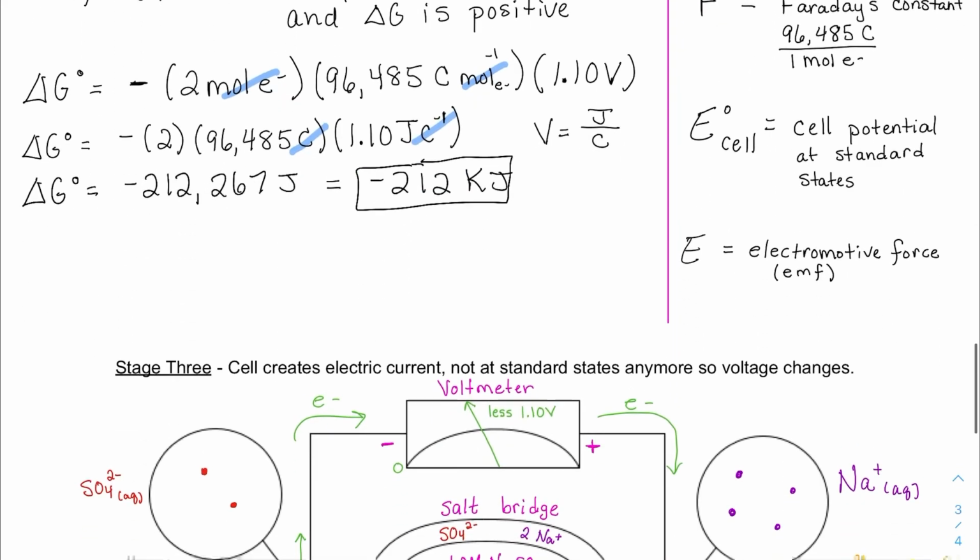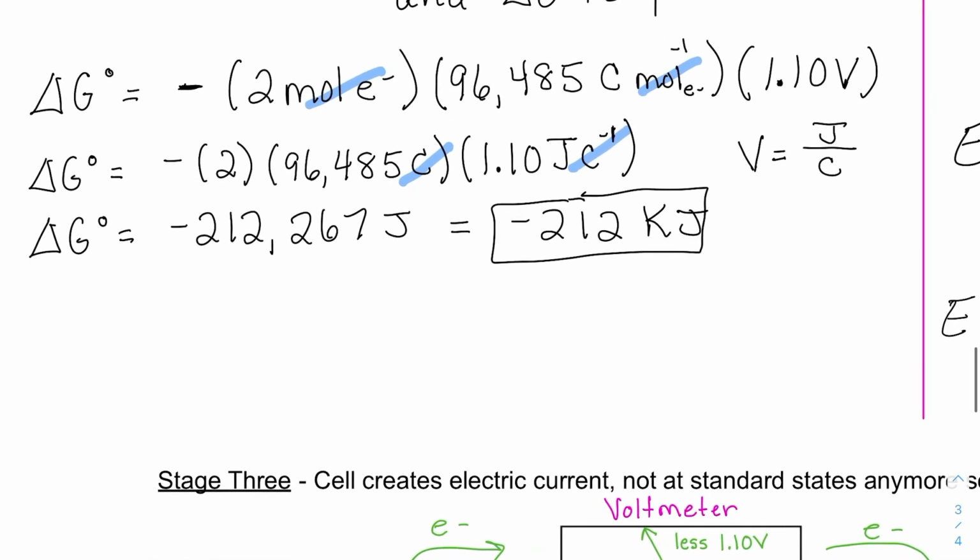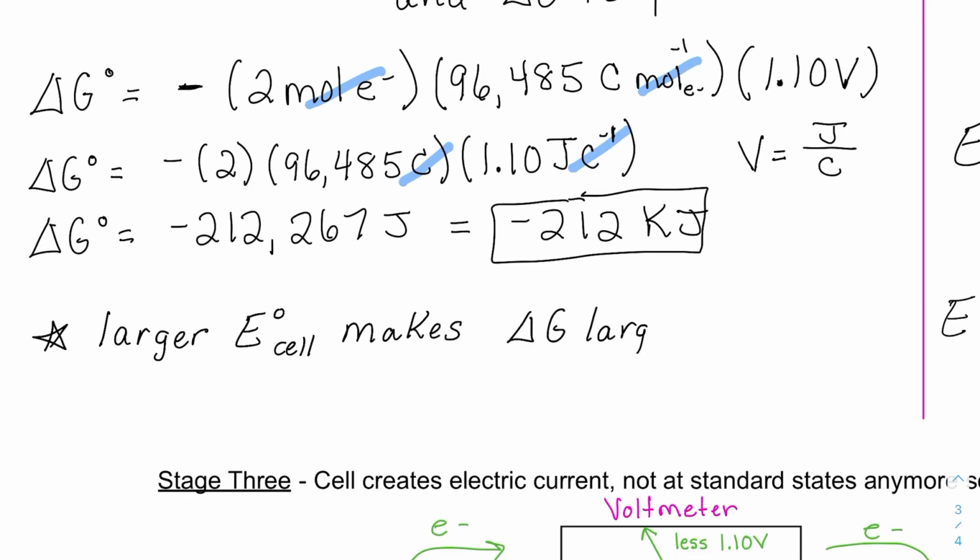Now, you could possibly take this one step further. Normally you don't have to, but knowing this fact is helpful. A larger E cell makes delta G larger in magnitude. And again, we want an E cell that's positive.